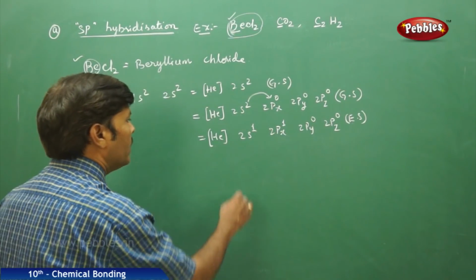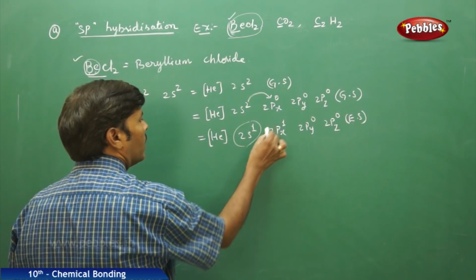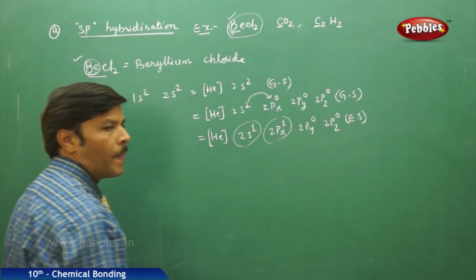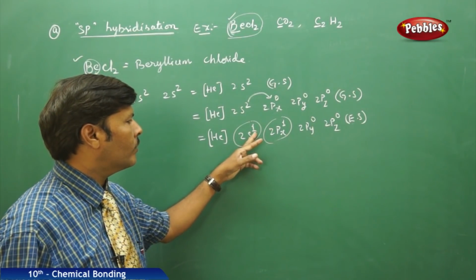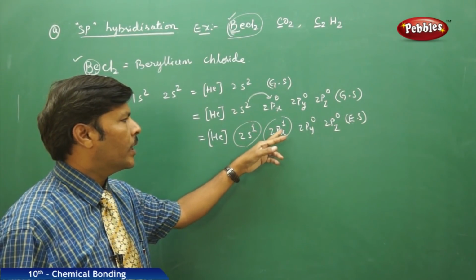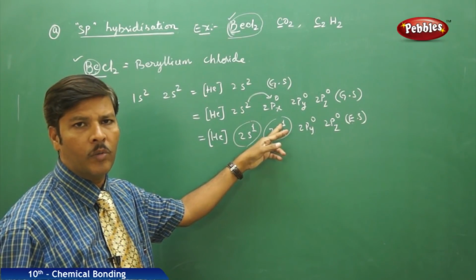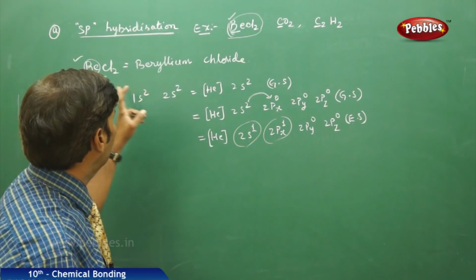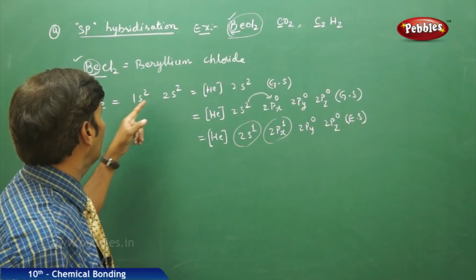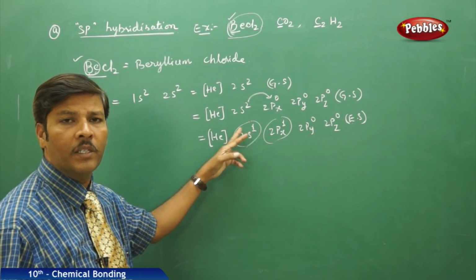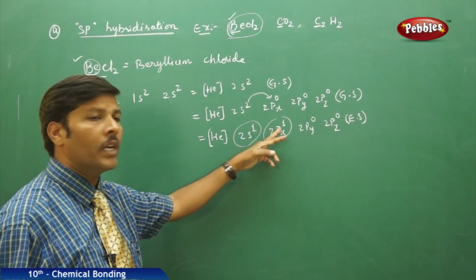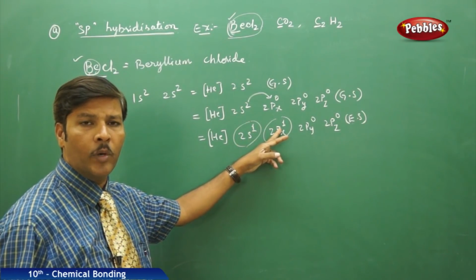So therefore here, take this 2s1 and 2p. So if you have a look at this unpaired electron of the 2s atomic orbital and unpaired electron of the 2px atomic orbital, because we are saying that in beryllium chloride, beryllium is undergoing sp hybridization, the atomic orbitals which are participating in the hybridization should have unpaired electrons to prepare hybrid orbitals.